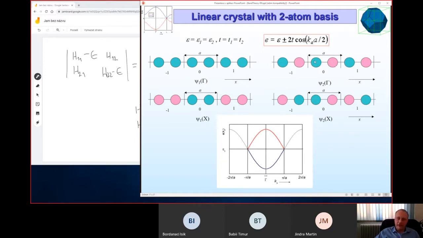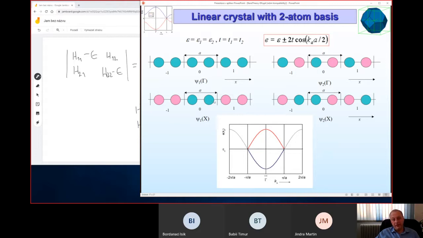It is similar to the construction of so-called symmetry adapted orbitals in molecular orbital theory. So we consider two symmetry adapted orbitals within the given unit cell, and then we combine them, and at the X point we have something which is both bonding and anti-bonding.